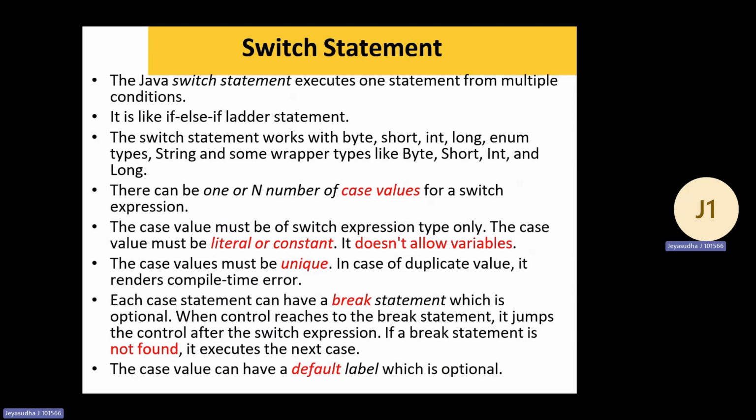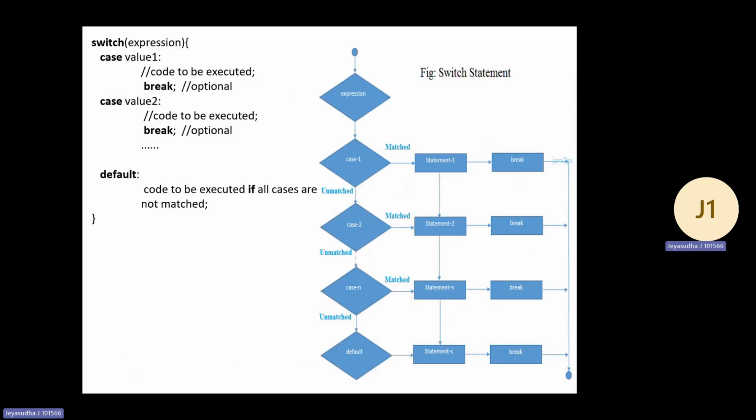The case value should always be a literal or a constant. It should be very unique. And you will have a break statement also. We have a default statement also. So this is how it works. You have switch, you give an expression or a condition. Sorry, it cannot be a condition.